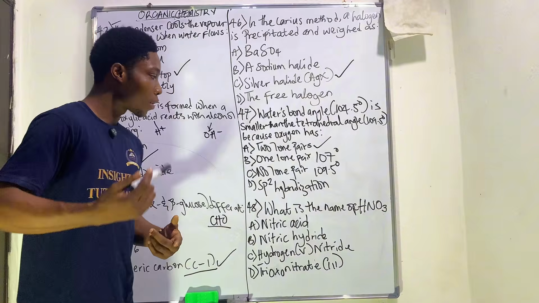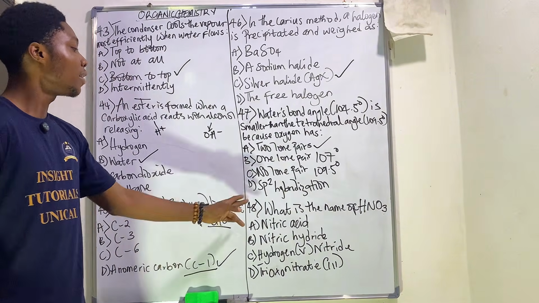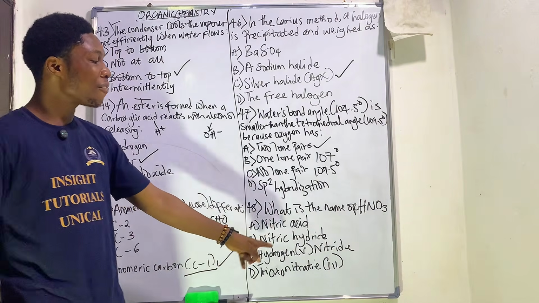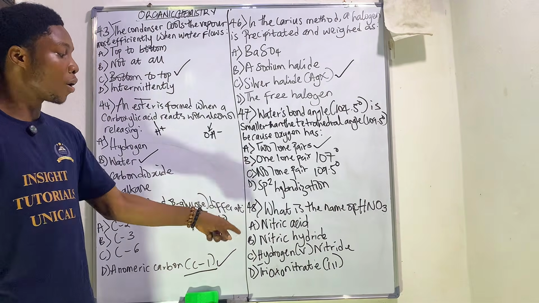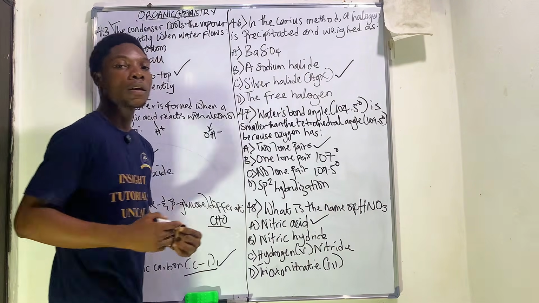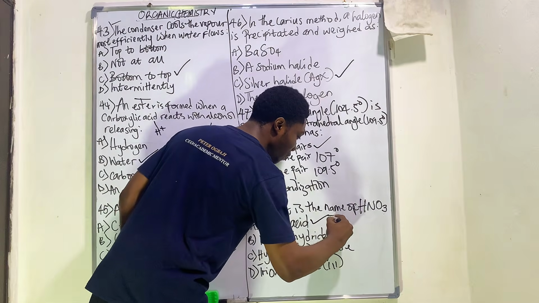Right. So next question: what is the name of HNO3? A, nitric acid. B, nitric hydride. C, hydrogen 5 nitride. D, trioxonitrate 3. The correct answer is nitric acid. Now, nitric acid is also known as trioxonitrate 5.